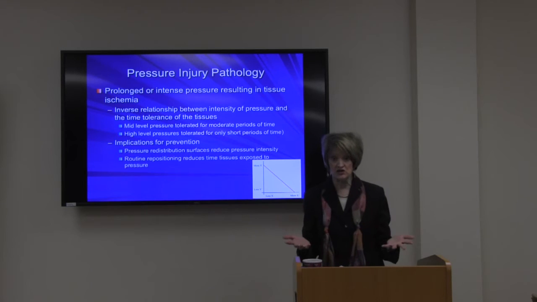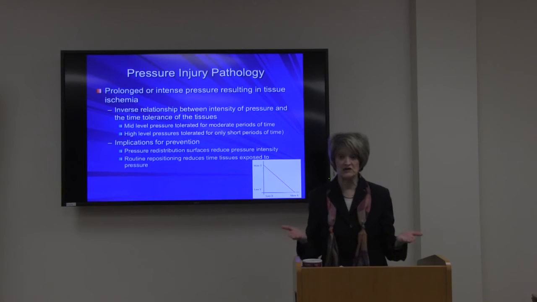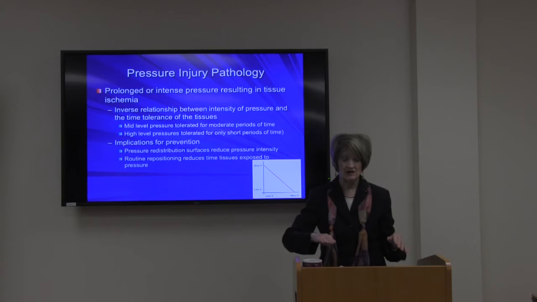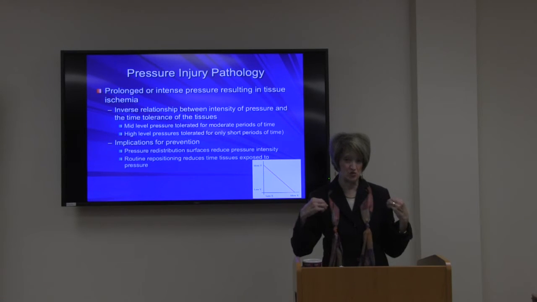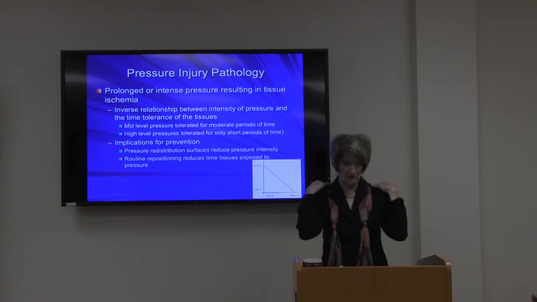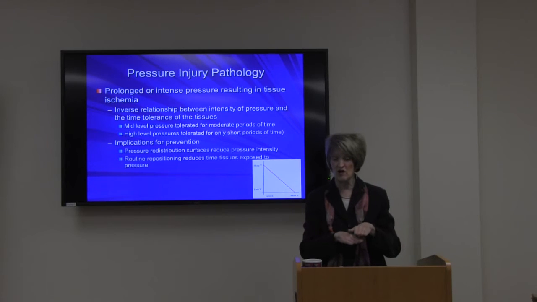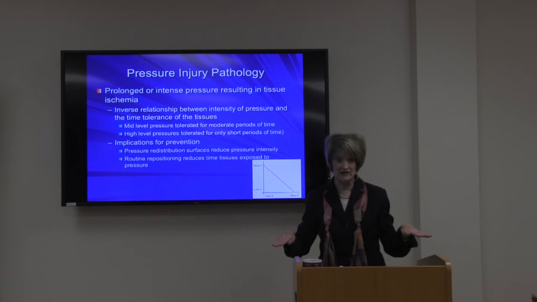When we put a patient on a pressure redistribution surface, what we do is we evenly distribute the pressure across the entire contact area. So instead of the patient's weight being supported only by his or her bony prominences, now his or her weight is supported by the entire mattress surface. Weight's distributed evenly.